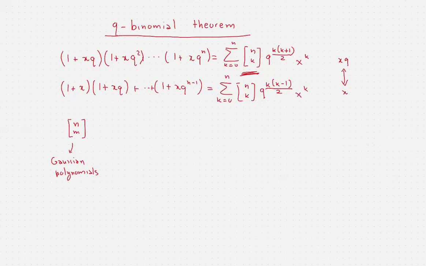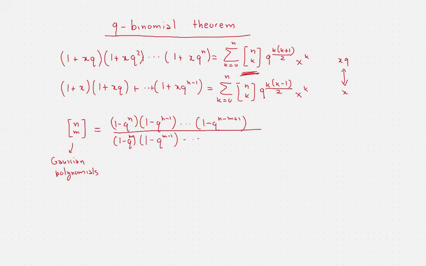Let's just say that this is defined to be 1 minus q^n, and then the powers descend till we reach 1 minus q^(n-m+1). And on the bottom, we have 1 minus q^m times 1 minus q^(m-1), all the way down to 1 minus q. This is how this is defined.